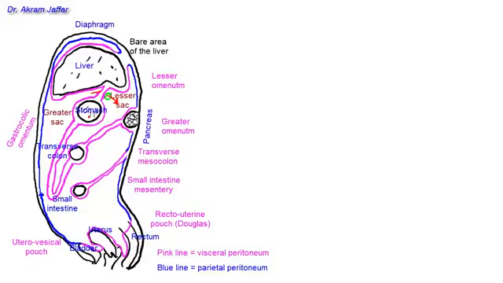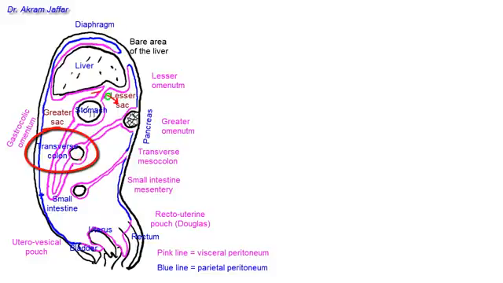And these viscera that are almost completely covered by peritoneum, and usually have a double fold of peritoneum suspending them, like the stomach here, are called intraperitoneal. So an intraperitoneal structure does not mean that it is located inside the peritoneal cavity, but almost completely covered by peritoneum.